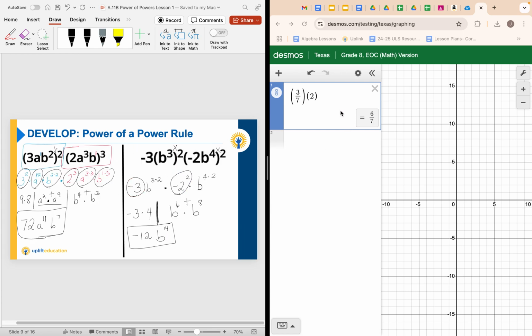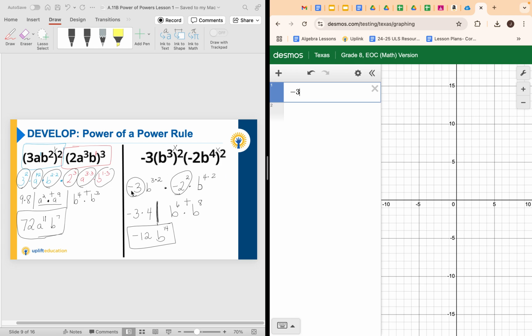Same thing here. We were doing our coefficients. We can only use our calculator to do our coefficients, or if you need to multiply your exponents because they're getting really big, you can use it for those too. So if I did 3 squared and I also did 2 to the 3rd power, we would still get that same 72 that we got here. So I'm literally just showing you how you can use your decimal for your coefficients if needed.